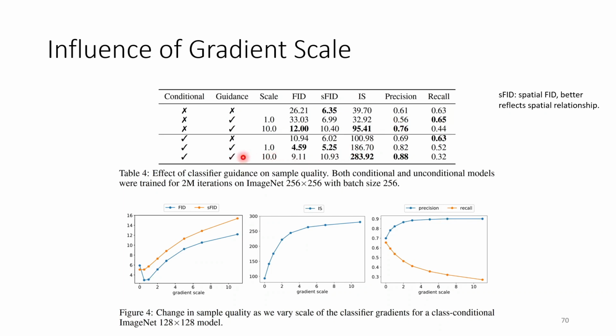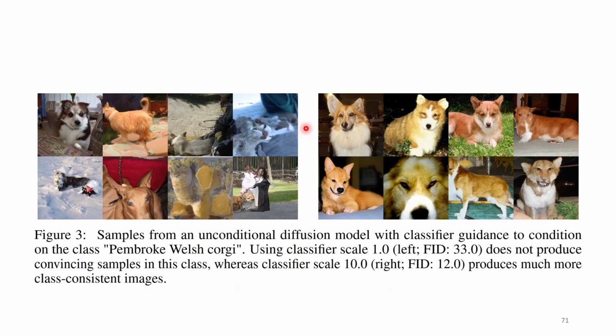So this is the scale factor. If this is 1.0, the FID is large, and if it's set at 10, then FID is small. And this is a visual comparison.